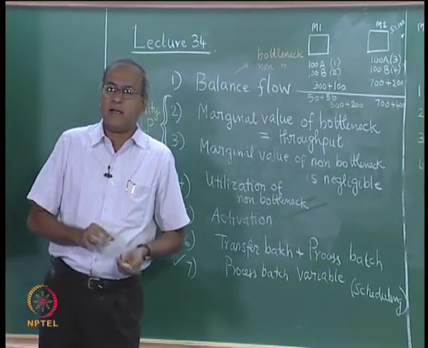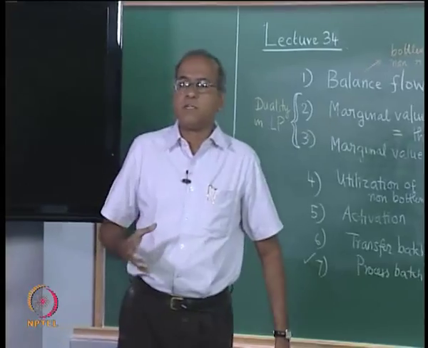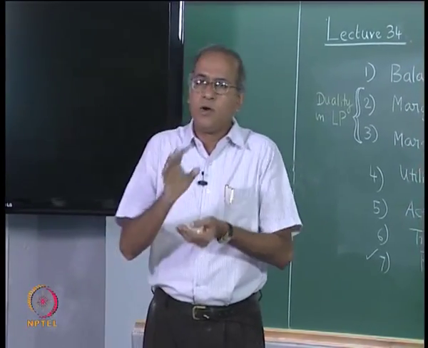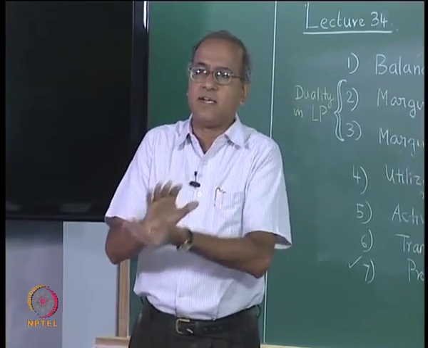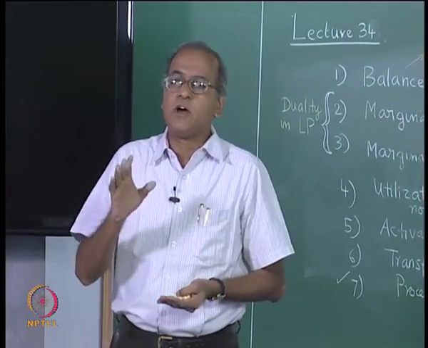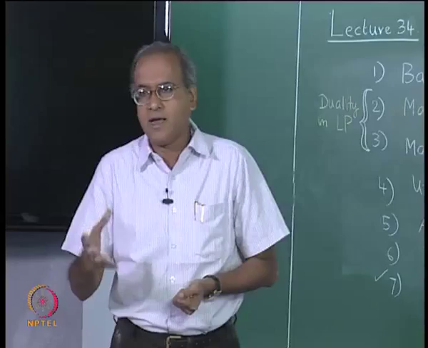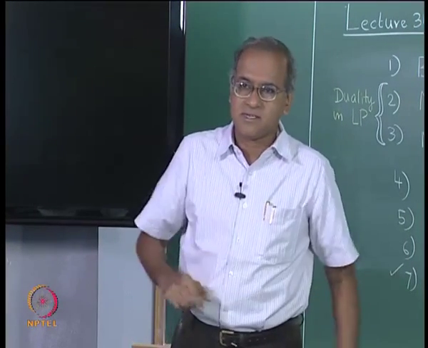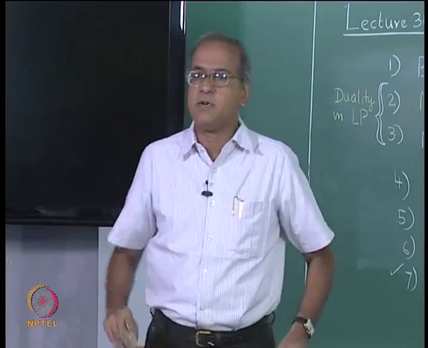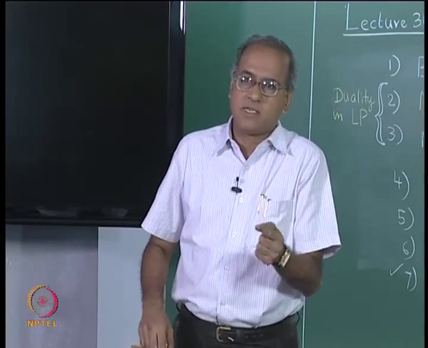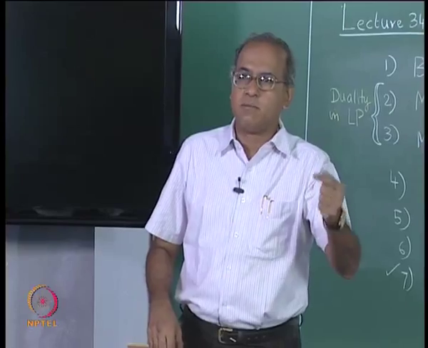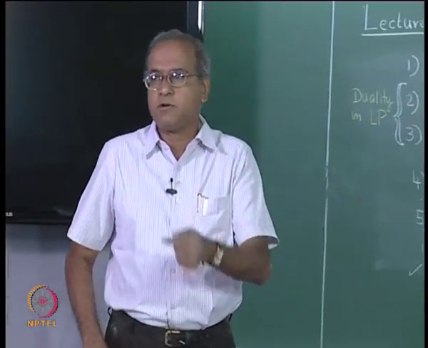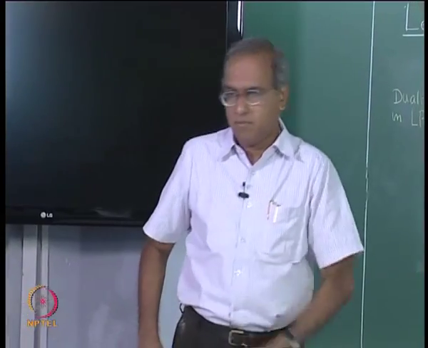Then comes the idea that the time on the bottleneck machine most of the time should be used for production, and only minimum time required to set it up should be used, which also means that the bottleneck machine cannot afford small production batch sizes. So, it will have large production batch sizes, while non bottlenecks will have smaller production batch sizes, and process batch will vary with respect to route as well as with respect to time.